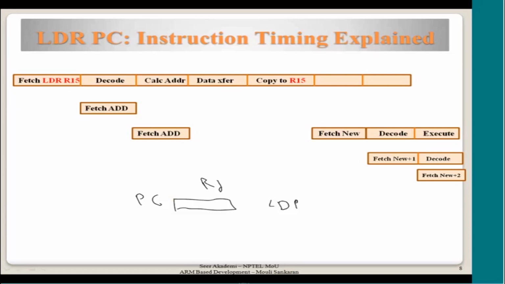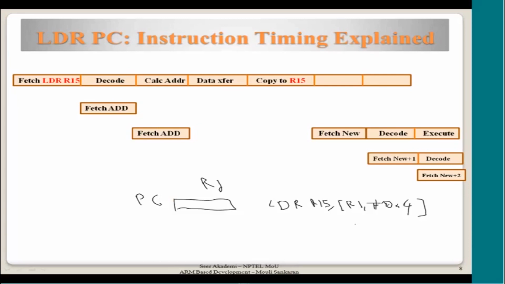LDR R15, comma, R1, comma, 0x4. Because 4 is what we have to give, because instruction accesses are all 4-byte aligned.